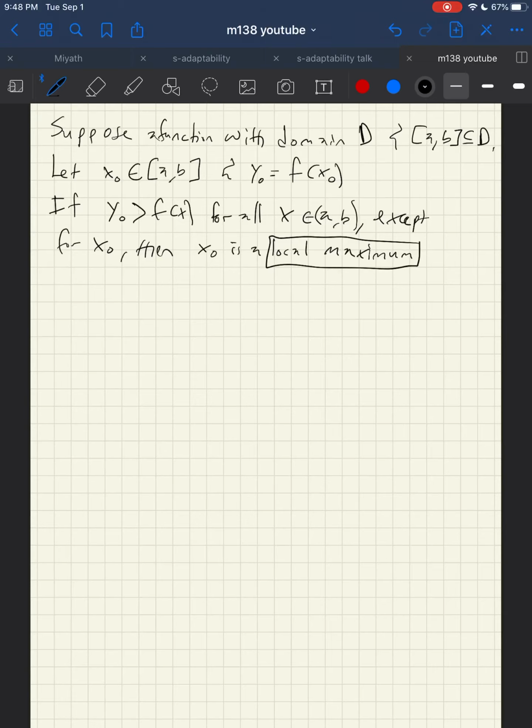And we might say that y naught's the local maximum. We might say the point x naught, y naught is the local maximum. But that's just to say that this is going to be the local maximum.